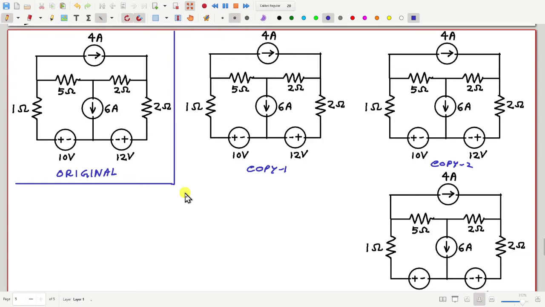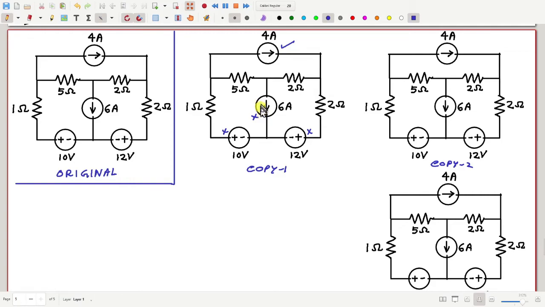In the first copy of this circuit, you see there are 4 sources, 1, 2, 3, and 4. Now in this first copy, I will keep only the first source, this current source, and I will remove all other sources. Actually, I will replace all other sources by their internal resistances.